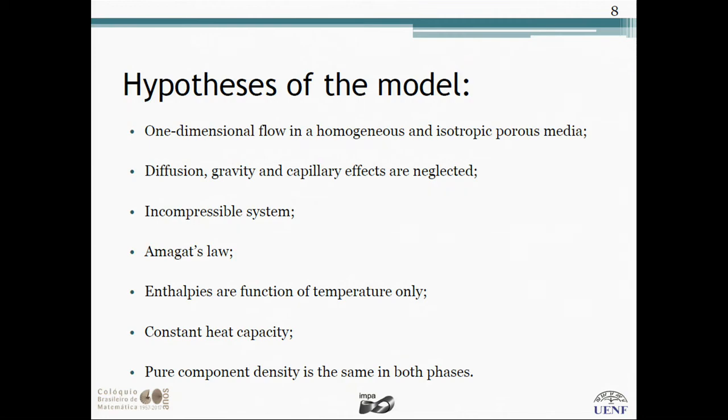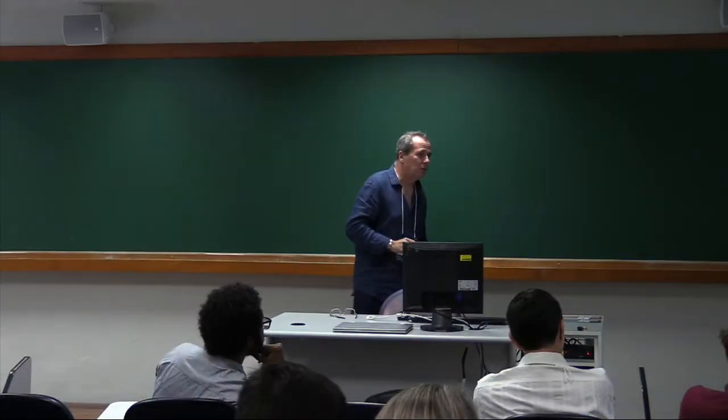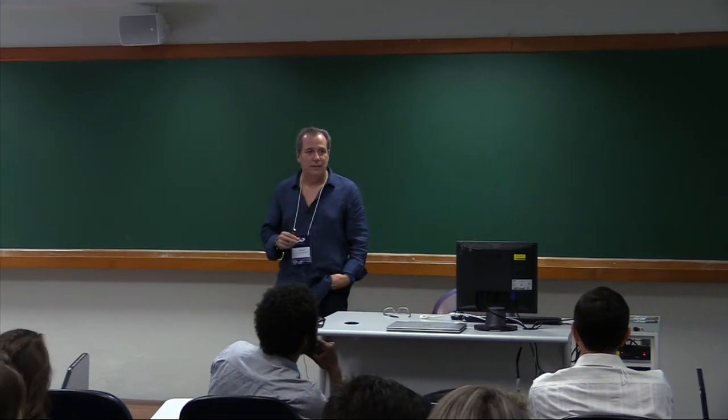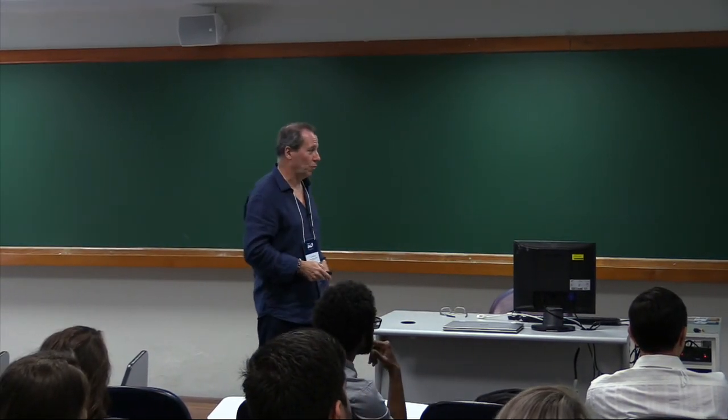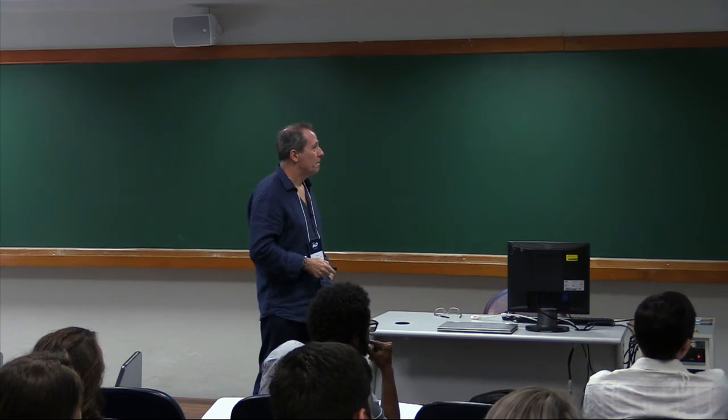The enthalpies are functions of temperature, constant heat capacity, and the pure component density is the same in both phases. Here, for liquids, it's a reasonable assumption. When you work with gases and liquids, maybe it's not so good a hypothesis.